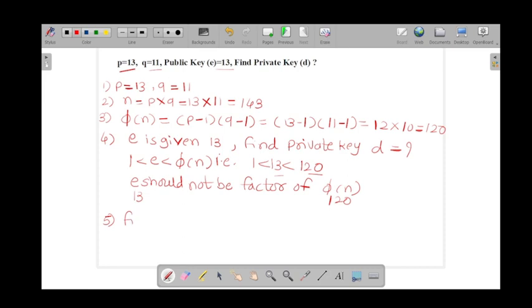Now in the fifth step, we have to find out the value of our D. D is our private key. So D into E mod phi of n is equal to 1. According to this formula, we have to identify the value of our private key.